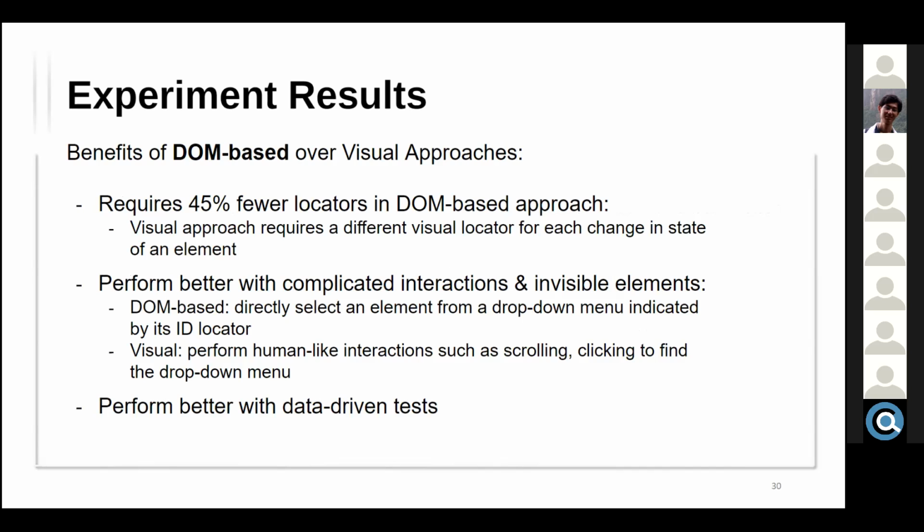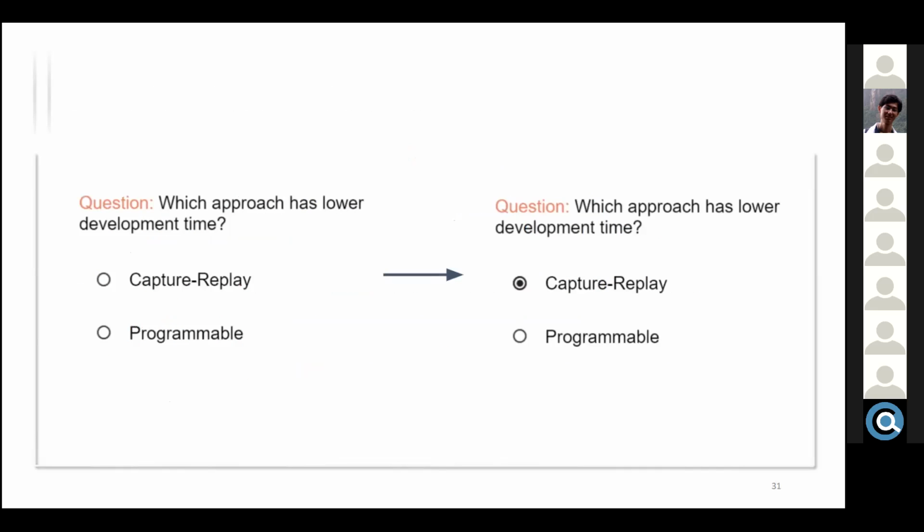Then the next point is that DOM-based performs better with complicated interactions and also invisible elements. For example, if an element is at the bottom of the web page, the visual-based approach will have to scroll all the way down to find it. But the DOM-based approach just needs to look for the ID of this radio button.